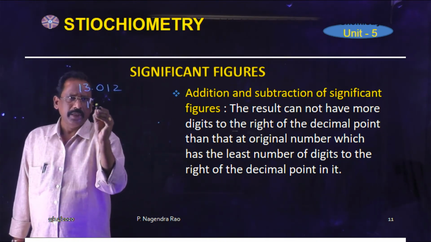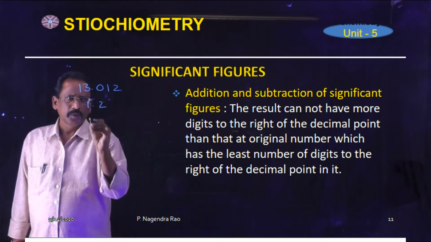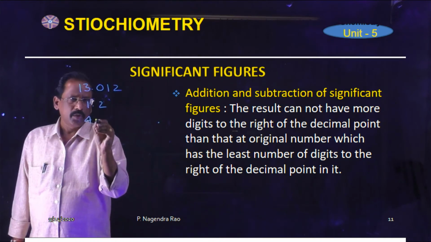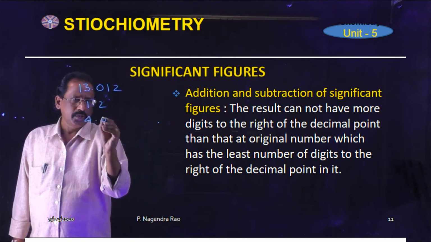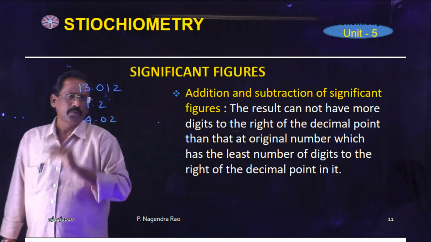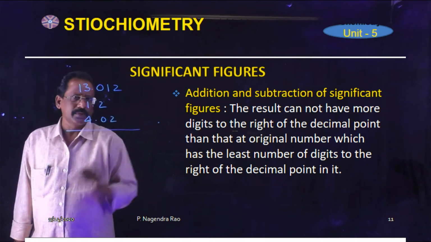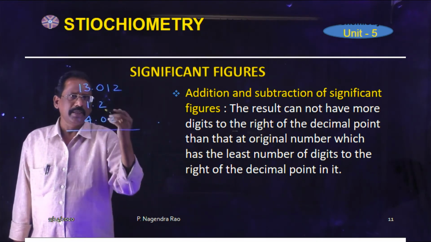Another value is, for example, 1.2. Another value is 4.02, for example. Now add these three values.